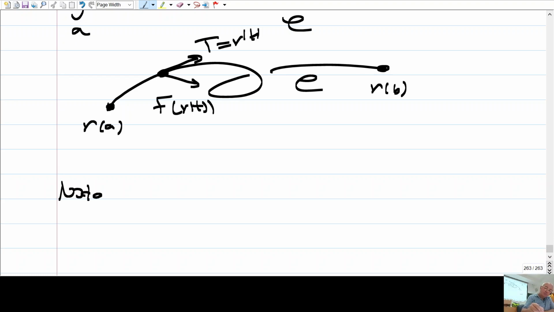Another notation. Let me also give that. So r(t) has three components. Let's say x(t), y(t), z(t).